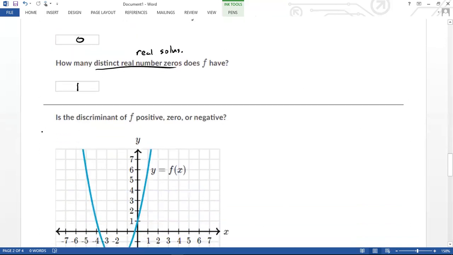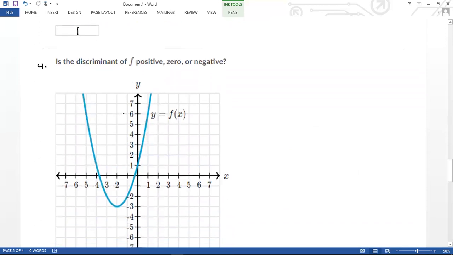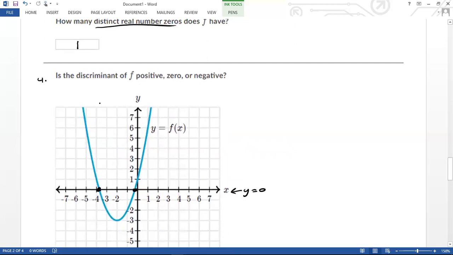All right, number 4. Is the discriminant positive, 0, or negative? Well, how many solutions do we have? We have 1, we have 2. You look at the x-axis because that's y equals 0. And we have 2 real solutions, 2 x-intercepts. So what do we know about the discriminant when we have 2 solutions?